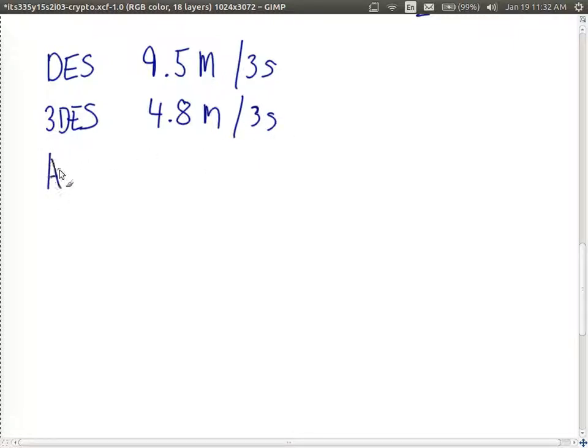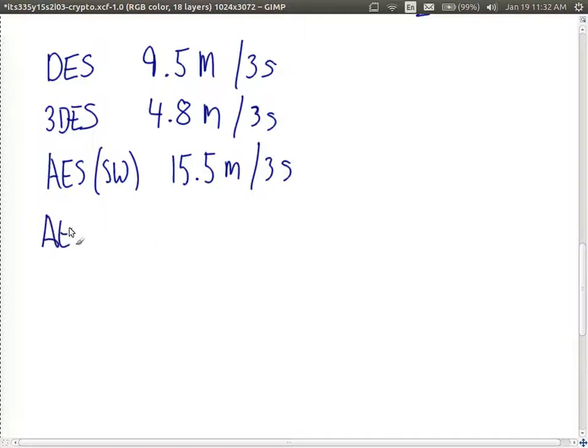With AES, in software, we got about 15.5 million per 3 seconds. Now I'm going to do AES in hardware. That is, I'm going to use the special instructions built into my Intel CPU to do the test and see if that's faster.